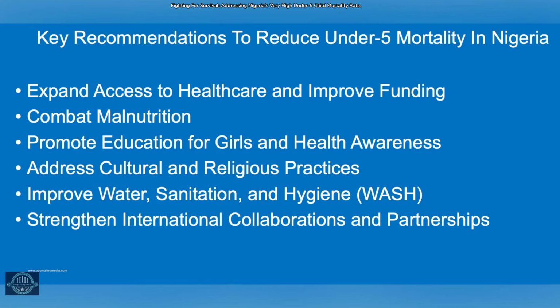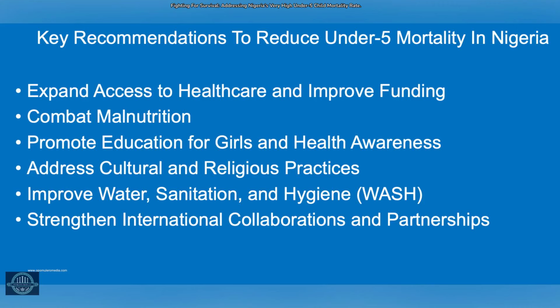Here are the key recommendations to reduce under-5 mortality in Nigeria. Expand access to healthcare and improve funding by training, retaining, and improving the remuneration of doctors, nurses, midwives, and other healthcare workers to provide maternal and child healthcare, including vaccination coverage for preventable diseases like measles, pneumonia, and diarrhea, especially in high-risk areas.